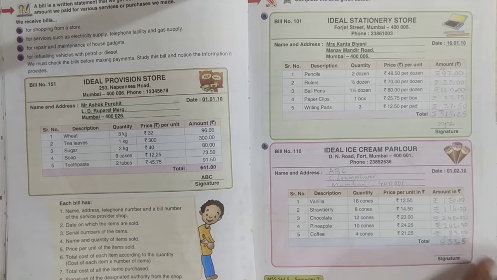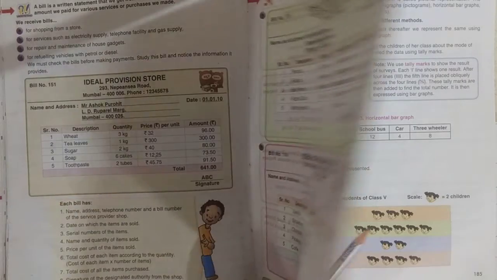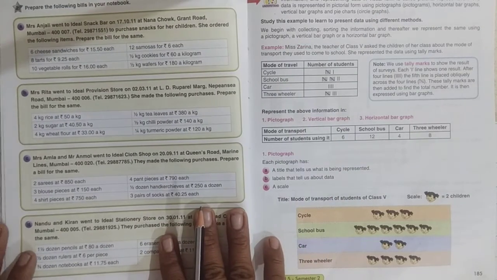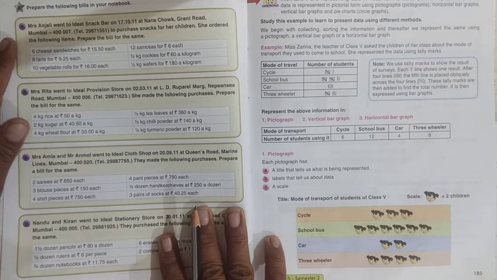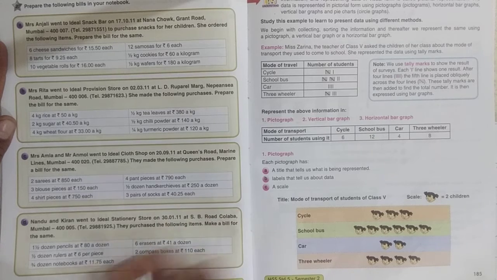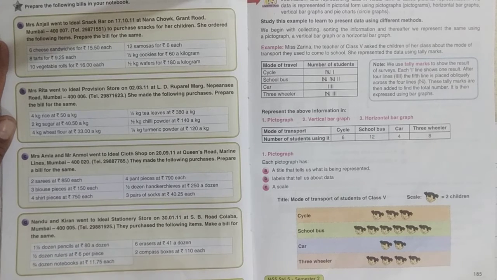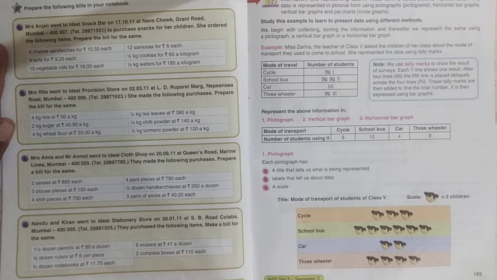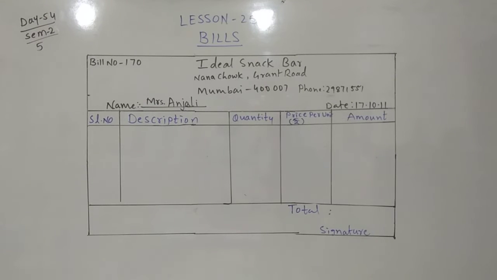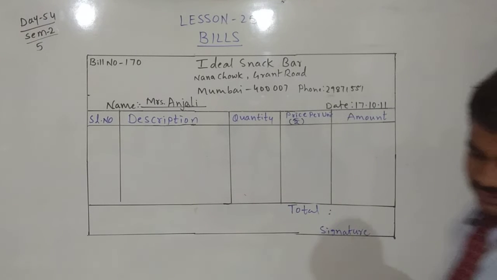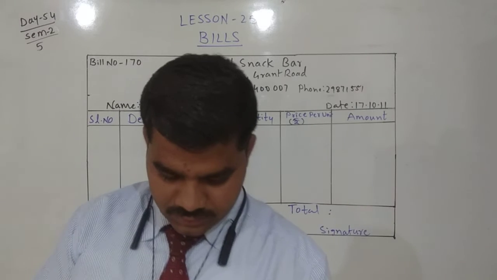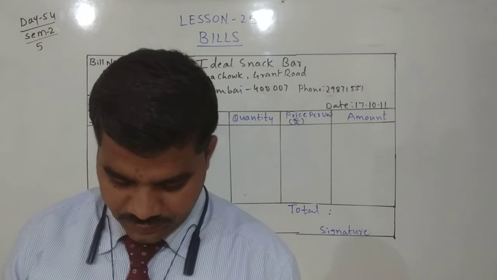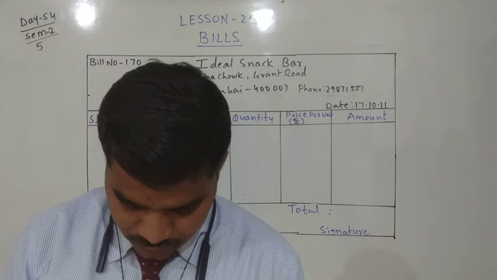Like this only we can prepare a bill for the given statements. Turn the page, page 184. You should prepare 4 bills. That will be prepared on the board. See the question. First one: prepare the following bills in your notebook.